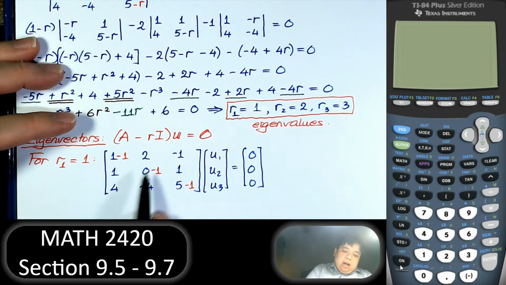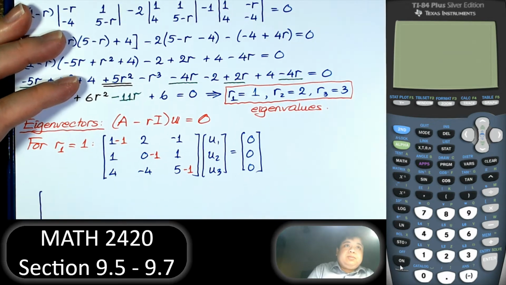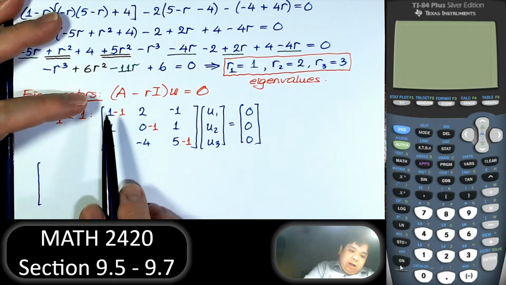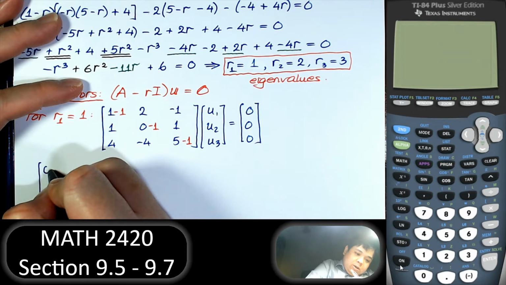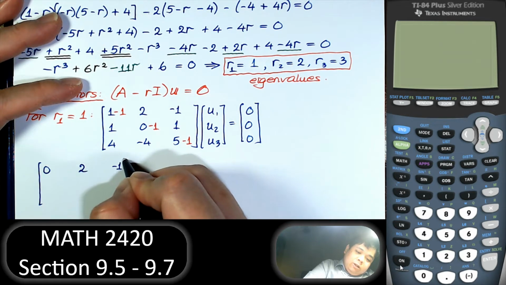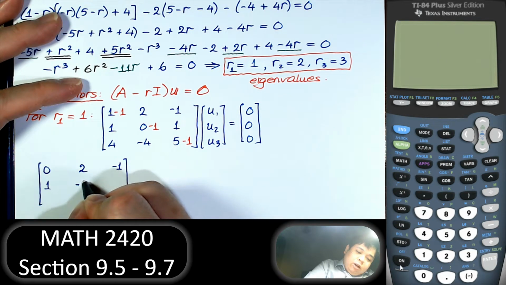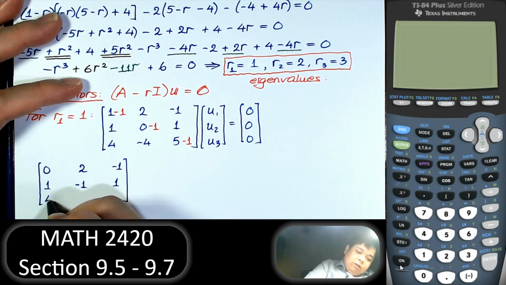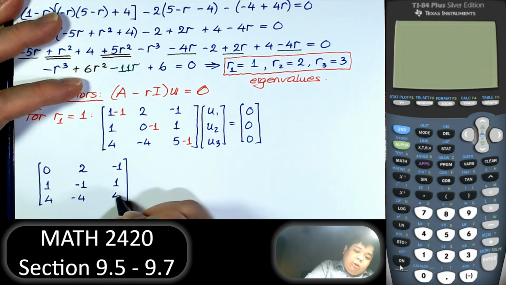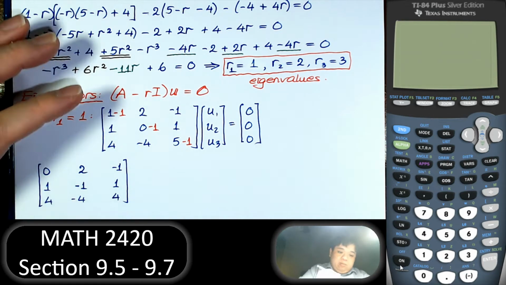Simplify this. Write it here. 1 minus 1, 0, 2 minus 1, 1, negative 1, 1, 4, negative 4, and 4. As you see, those two rows look like multiples of each other.